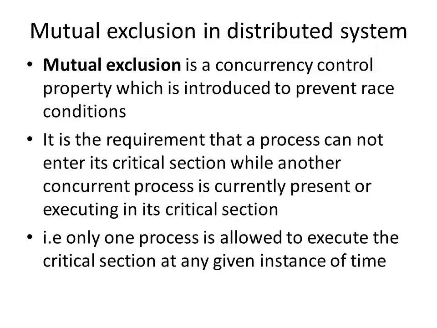So when one process uses the critical section, another process cannot enter into the critical section. This is mutual exclusion. That is, only one process is allowed to execute the critical section at any given point of time.